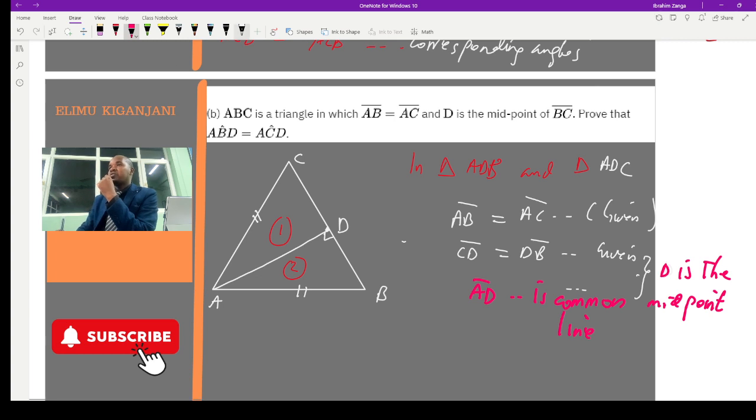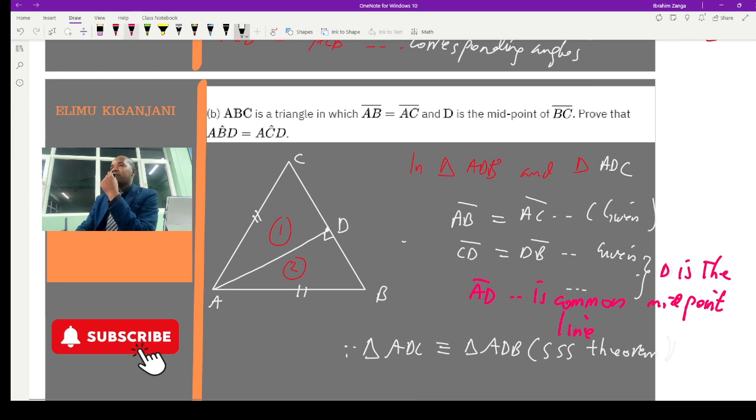So now these two triangles, therefore, triangle ADC is congruent to triangle ADB. And this is by the side, side, side theorem.